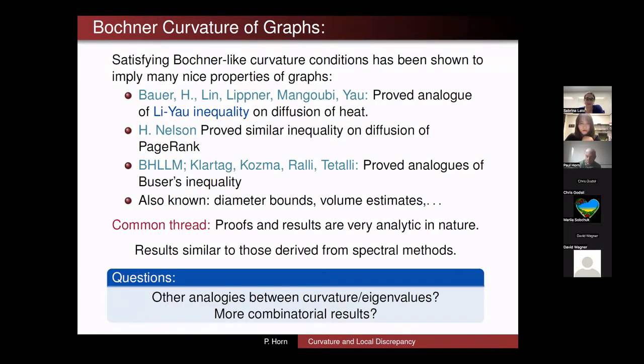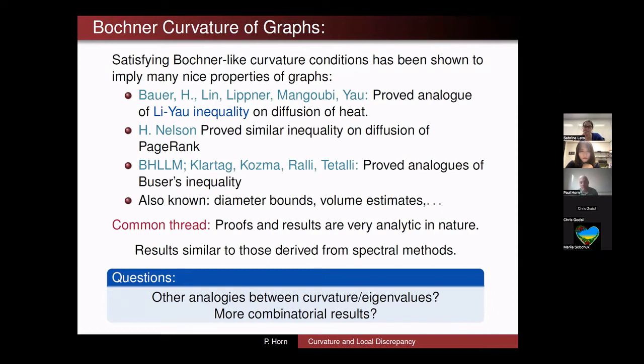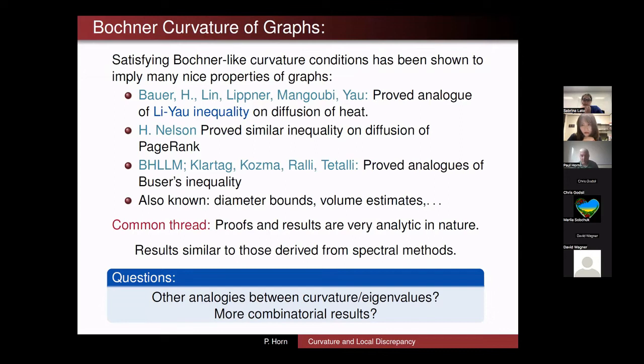And so it begs a question whether there are other analogies between curvature, which is locally defined on a graph, and eigenvalues, which are more global. And all of these, as I say, are very analytic. So one might wonder whether you can take this very analytic technology and get something more combinatorial out in the end. And that's what we've been interested in doing.